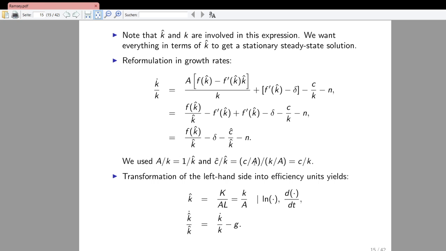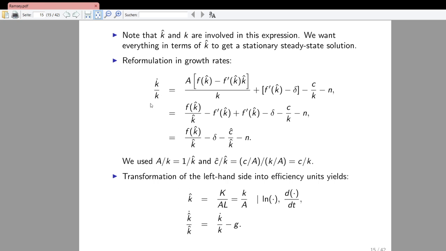And here we used these definitions where consumption per unit of effective labor divided by capital per unit of effective labor is just defined as c over A divided by k over A, and that's the same as c over k. So this term here and this term here, they are the same.